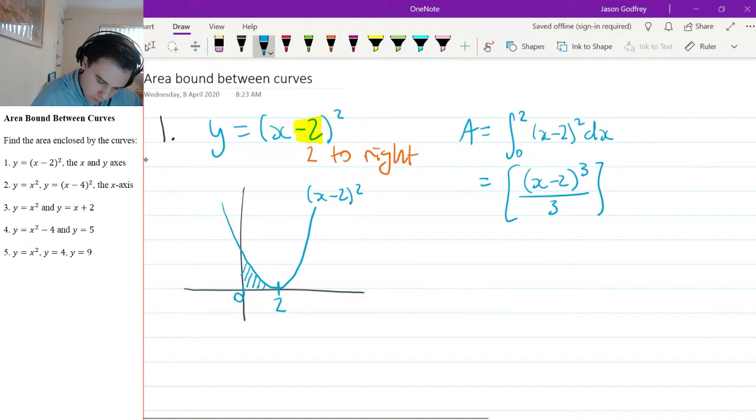And we're integrating from 0 to 2, so we'll plug in 2 and subtract, plugging in 0.